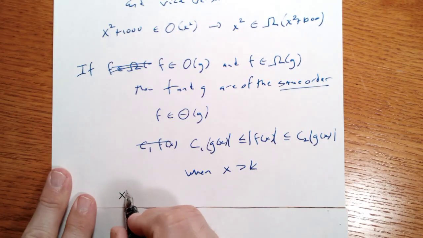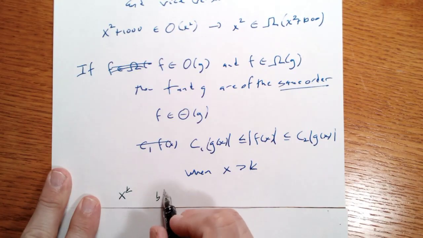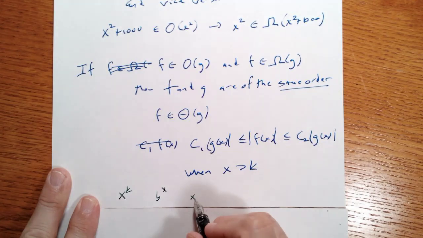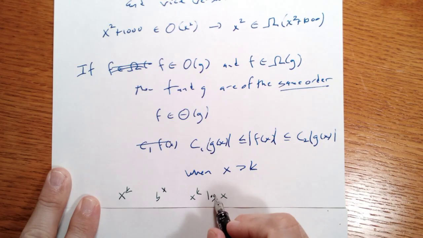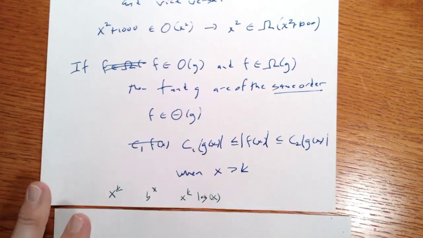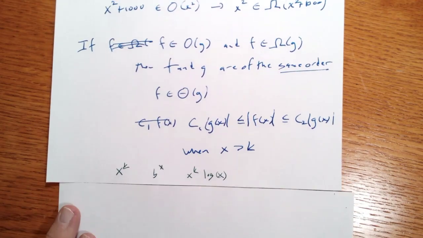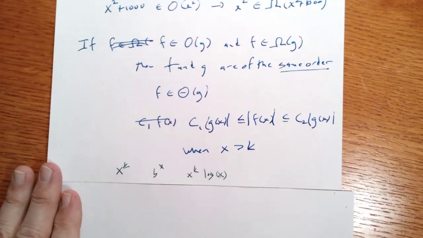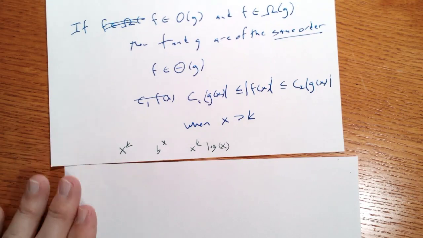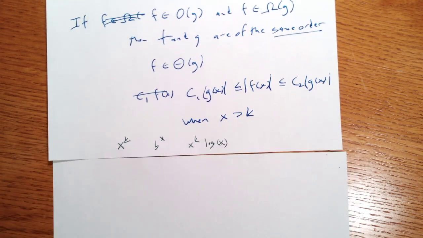So we're looking for x to the k, or we're looking for b to the x, or we're looking for x to the k log x, or something like that. We're looking for simple things. Advantage: all polynomials are big O, therefore big theta, of their highest power.